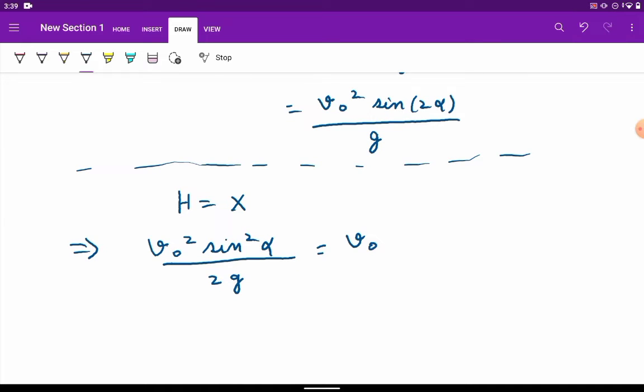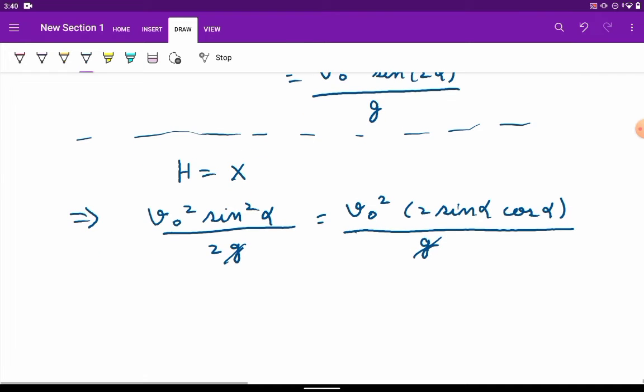I'll just expand it. V naught square into 2 sine alpha cos alpha divided by g. Right? Okay. So your g and g cancel out. V naught square and V naught square cancel out. Sine alpha and sine alpha cancel out.